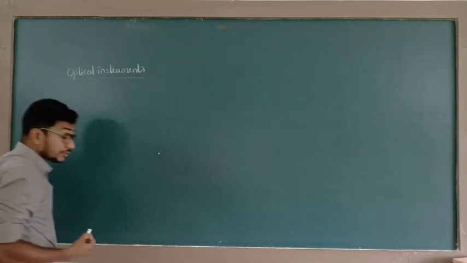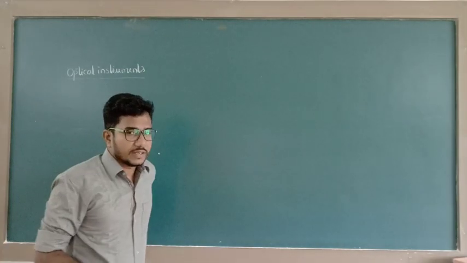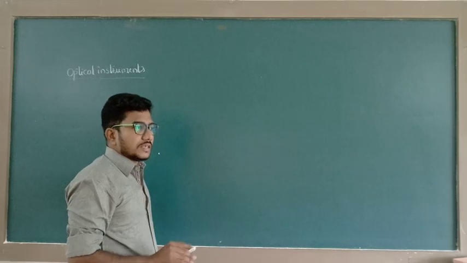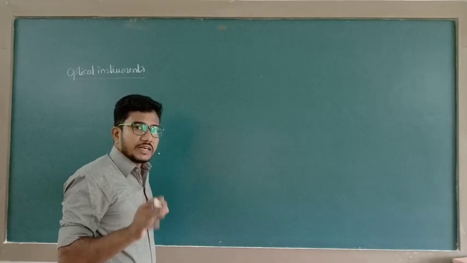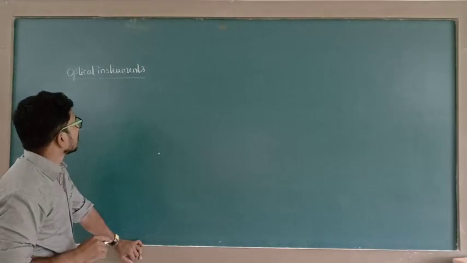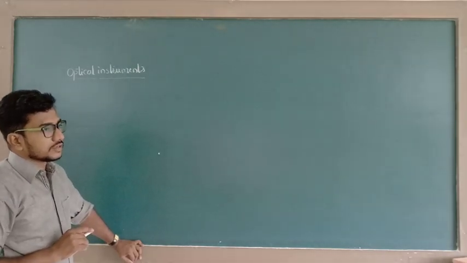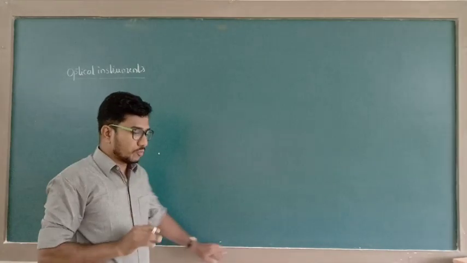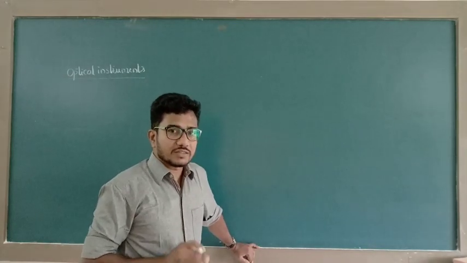It may be a microscope, a telescope, or a binocular, anything. For your syllabus they have mentioned microscope and telescope. I already told you these optical instruments are used to obtain magnified images of the object.